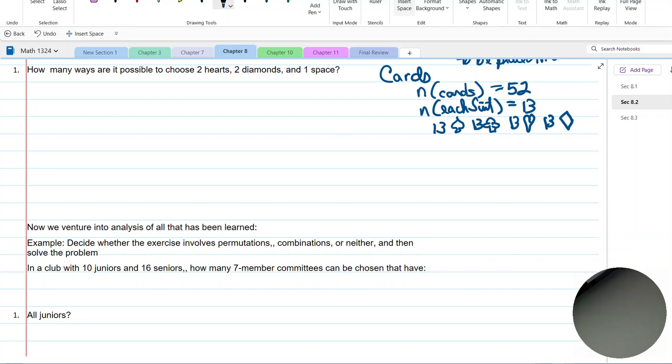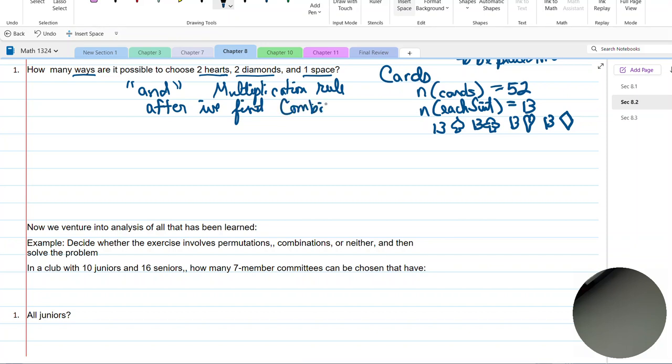This example is finding how many ways it is possible to choose 2 hearts, 2 diamonds, and 1 spade. Now notice it's an and. So we're going to use the multiplication rule. We find the combinations possible.